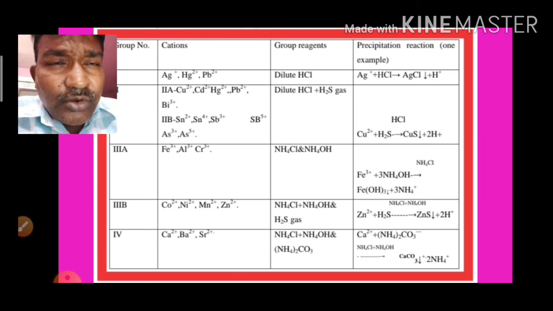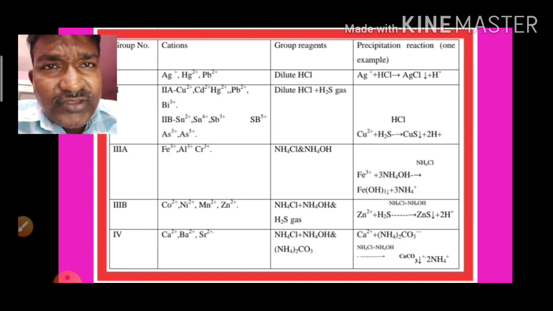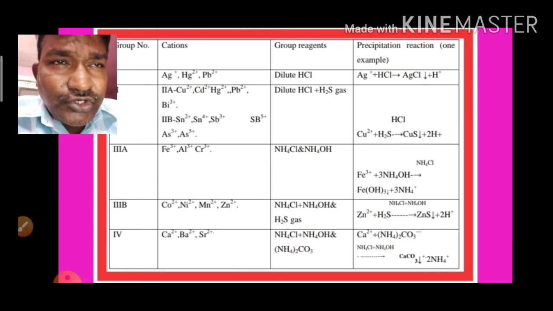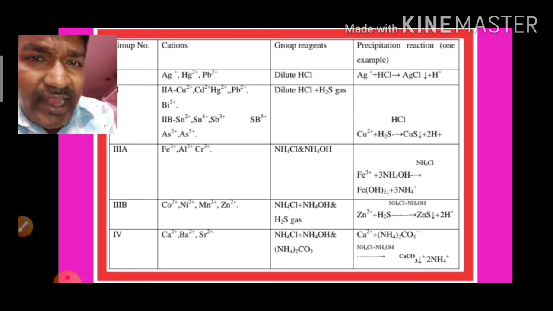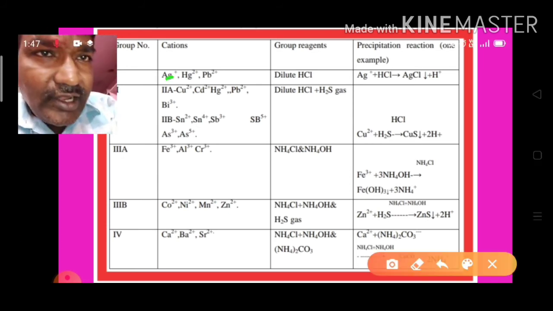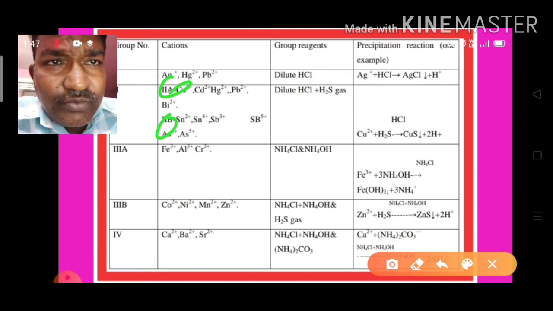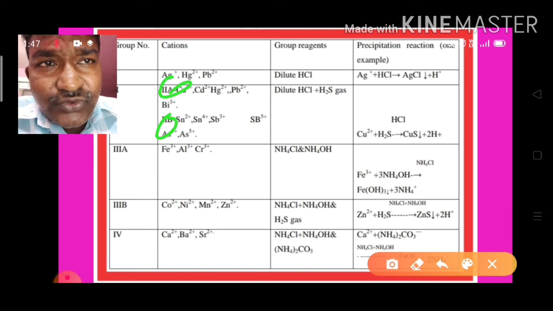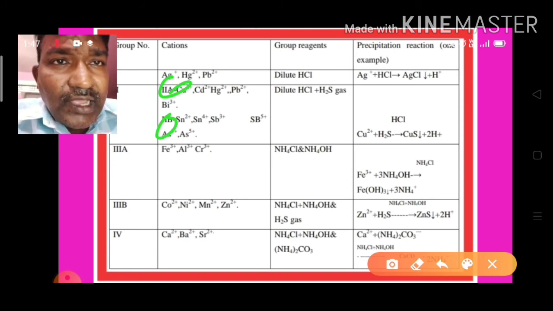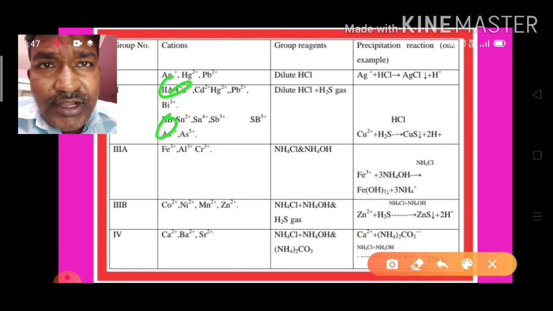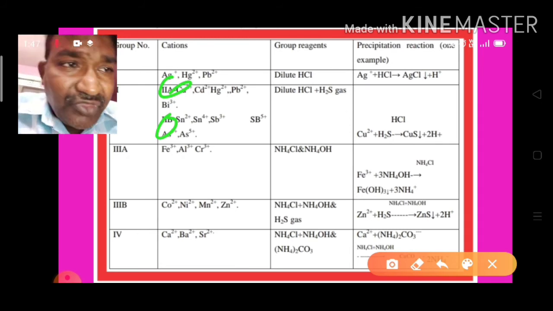In the second group we have different cations, and all these are classified into two categories: 2A and 2B. In 2A we have the cupric ion Cu2+, cadmium Cd2+, mercuric ion Hg2+, plumbous Pb2+, and bismuth Bi3+ ions.